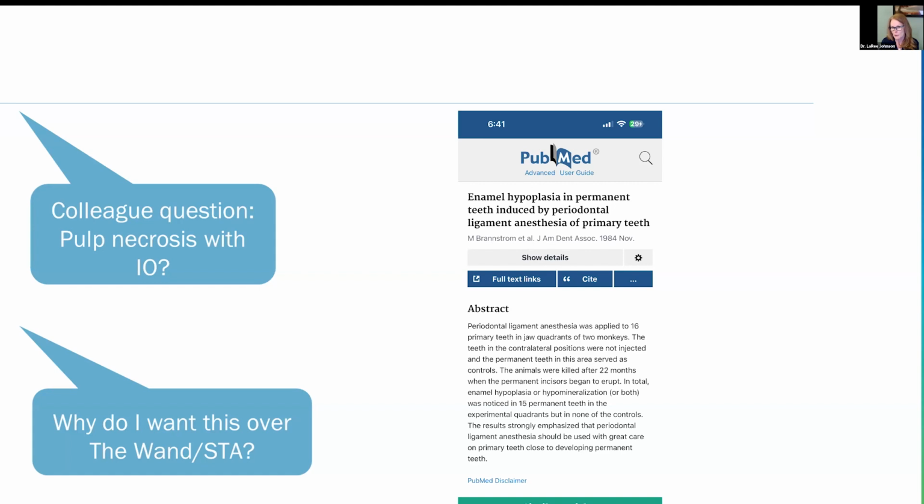And so I personally, after this article was released showing in rhesus monkeys that when you delivered a PDL injection to a primary tooth, they did indeed see hypomineralization on the permanent teeth, that was enough for me. So I don't use PDLs on primary teeth and frankly don't need to. And as far as permanent teeth, now that I have intraosseous anesthesia, I'm just not doing that either because it is so extremely effective. But this is how it's different. You are not going to get pulpal necrosis.